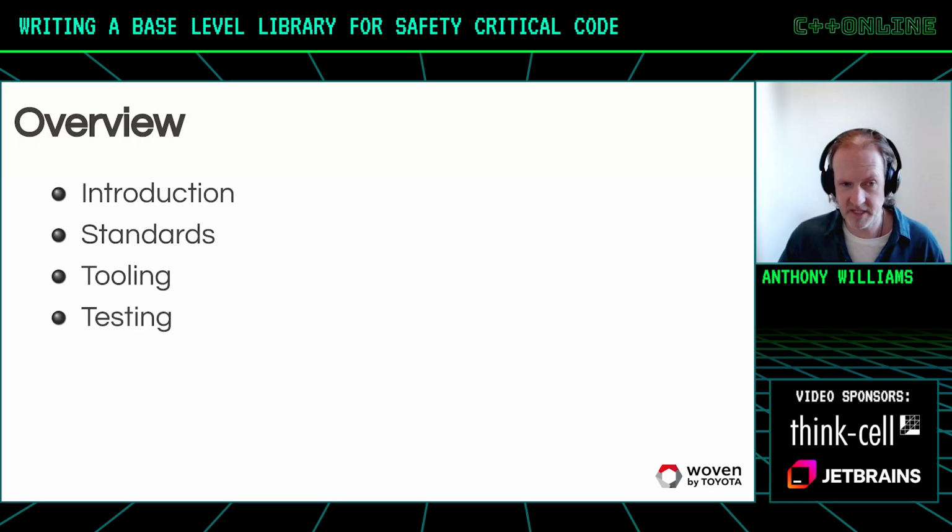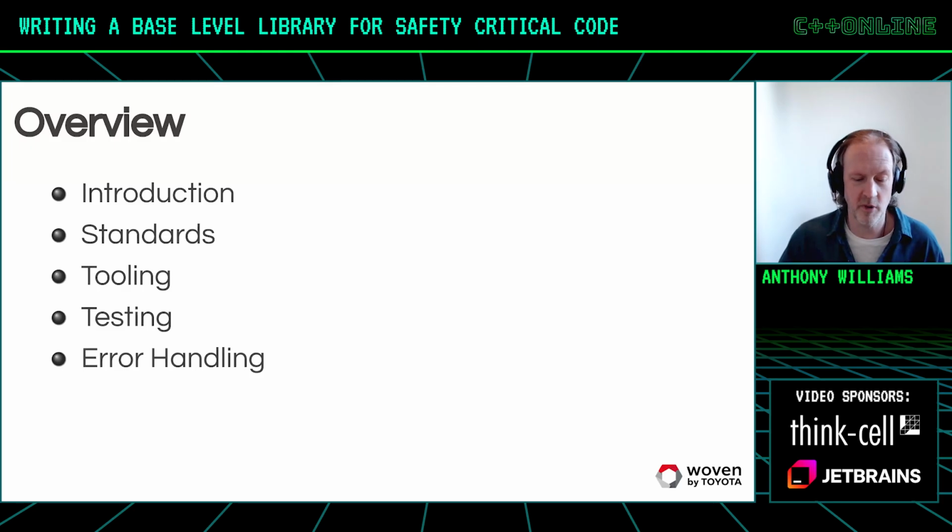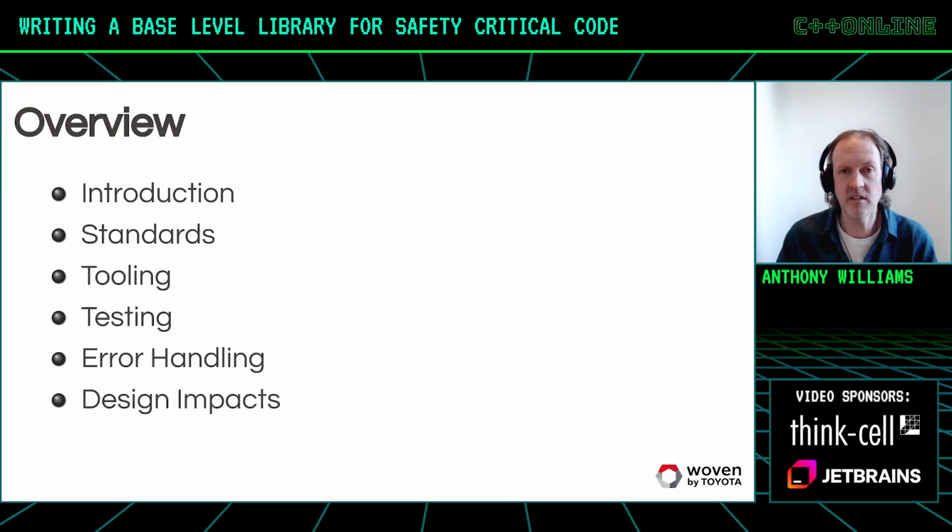I'm going to talk to you about the testing that we do, and our approach to error handling, the impacts on the design, for how the standards conformance and the error handling and the testing that we want to do affect the design of our code. And then I'll finish with a brief summary with some overall thoughts.